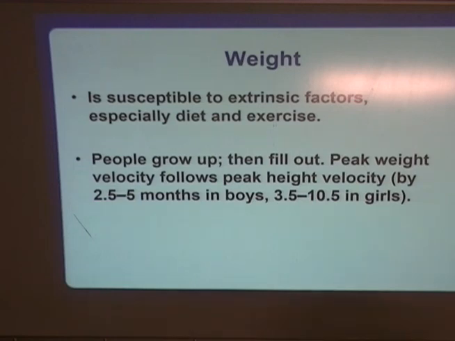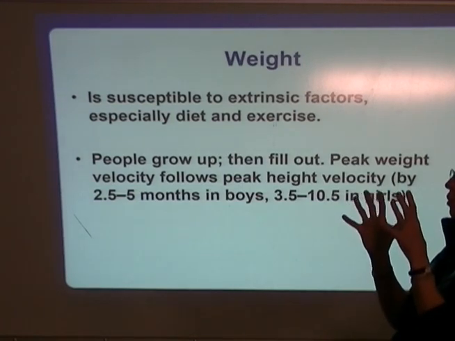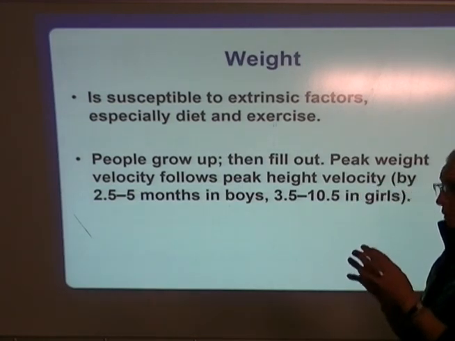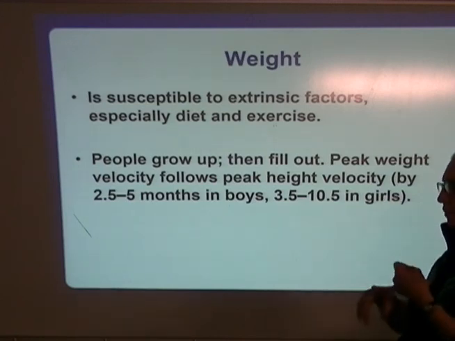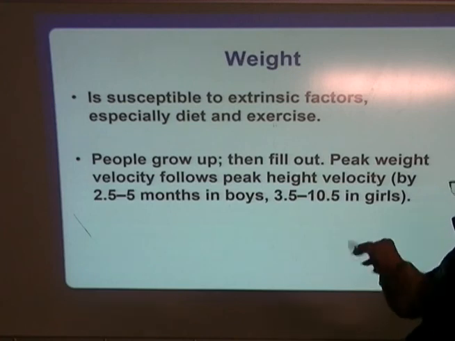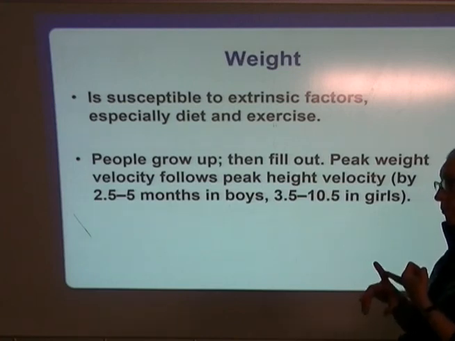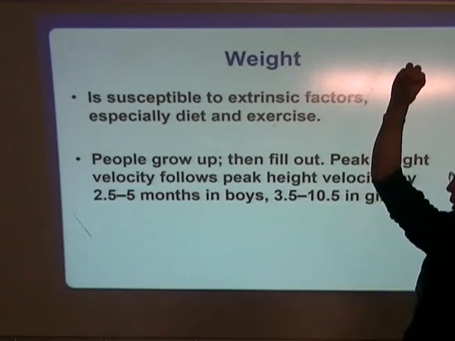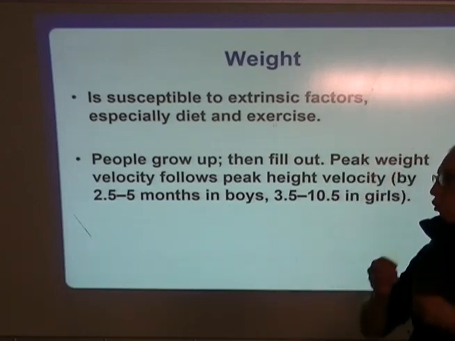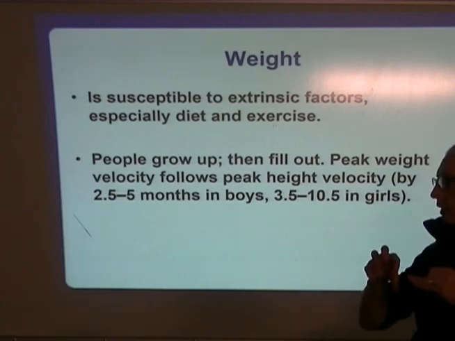Okay, so then when we look at weight instead of height, we would typically still expect an S-curve, but weight is related to some other systems, right? So we've got the development of the muscular system, we have the development of the adipose system, we also have some bone density, so the skeleton is growing up, but it's also got to put on weight in the skeleton.